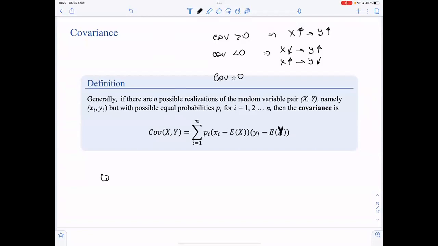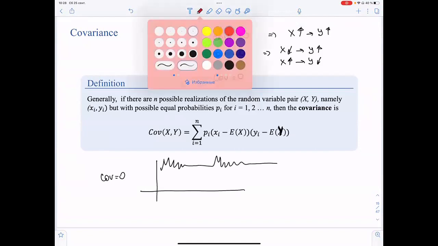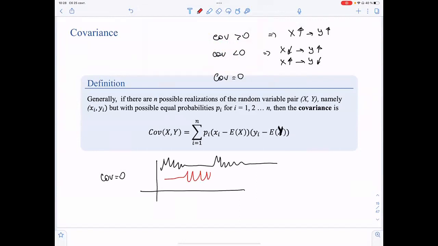Now, what does this mean? Saying covariance is 0, imagine you have 2 variables. Here's the first, and here's the second. The covariance is a very tricky metric, but quite informative.